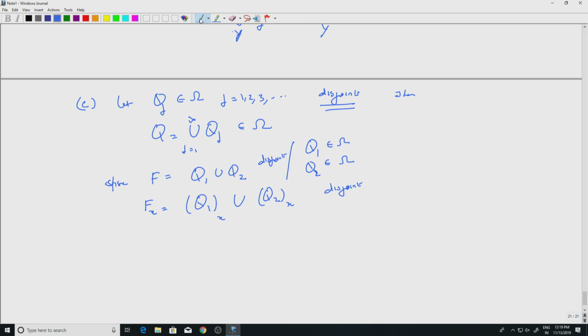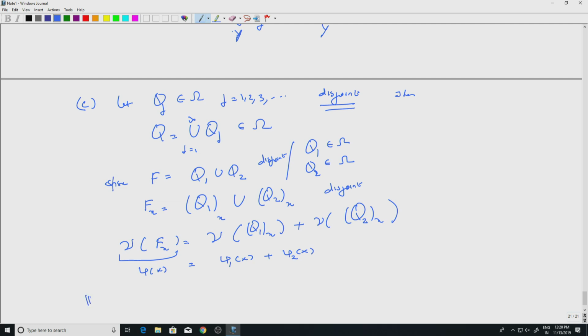So these are subsets of script G. So if I look at f sub x, then because they are disjoint, I will get nu of Q1 sub x plus nu of Q2 sub x, correct, because they are disjoint. What did we prove? Remember, this is our phi, right. So phi of x is equal to phi 1 of x plus phi 2 of x.